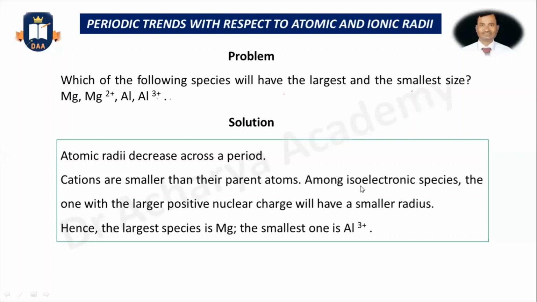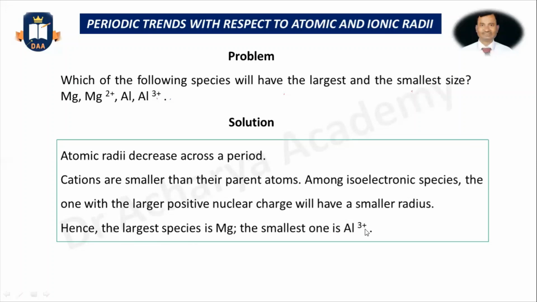And among isoelectronic species, the one with the larger positive nuclear charge will have a smaller radius. In this case, you see Al3+ has a larger positive nuclear charge than Mg2+. So hence the largest species is Mg and the smallest one is Al3+.